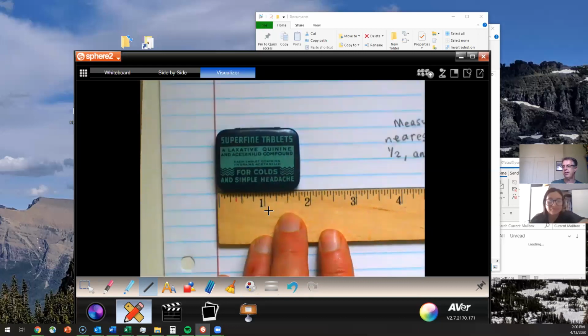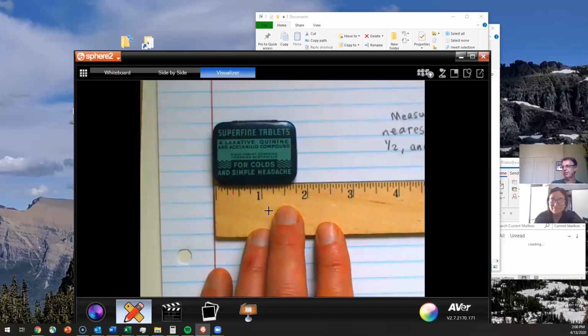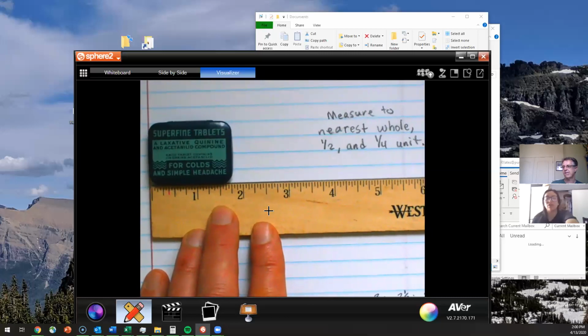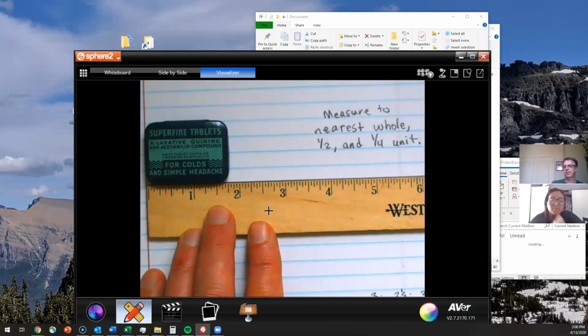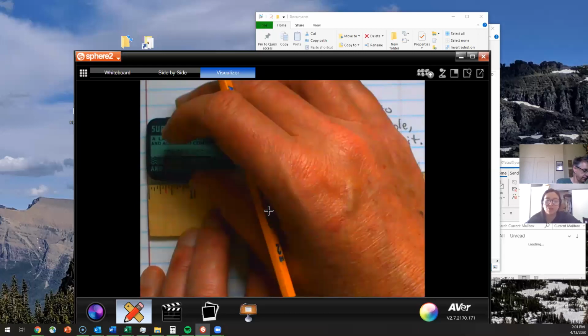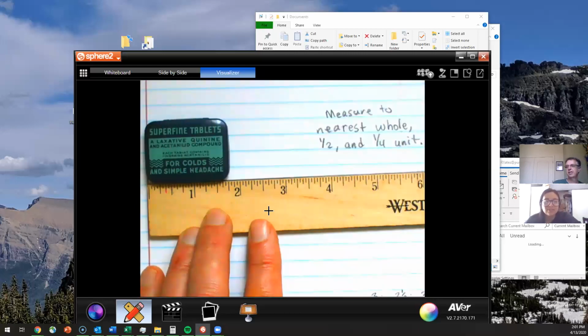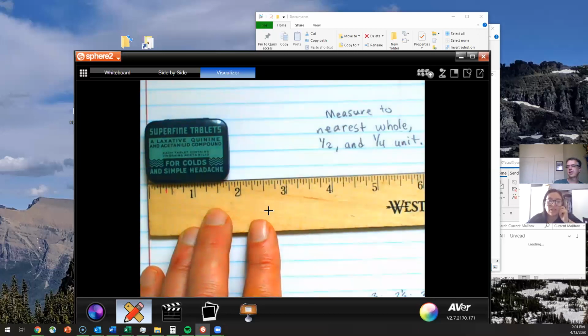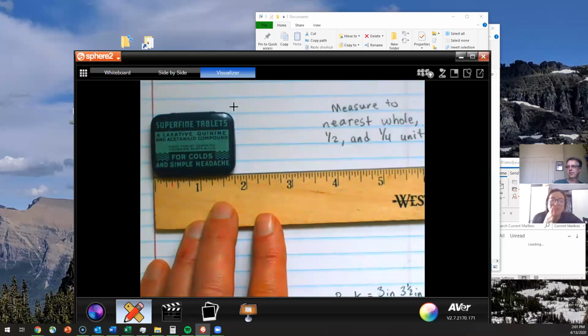So Ms. Garcia, do you want to help walk you through measuring this one? Yeah, so our first step is to make sure that they are both as close to that 0 line as possible, just so that they match up to where we can get a really accurate measurement. So looking at our whole number, you first want to draw that line just to show where our end measurement's going to be.